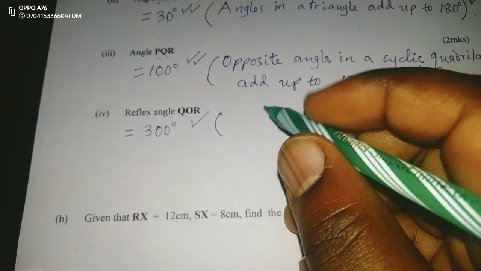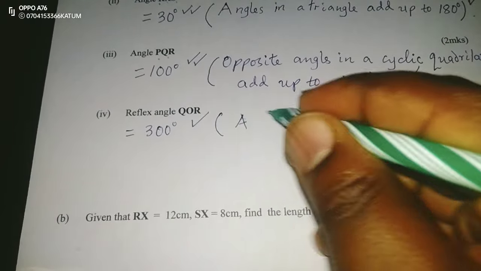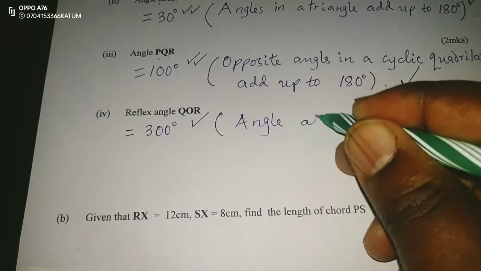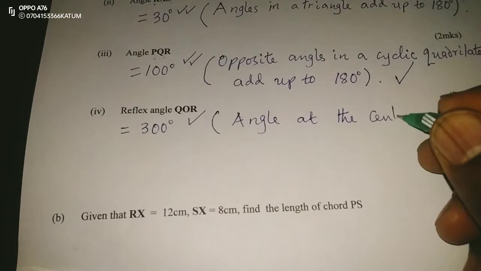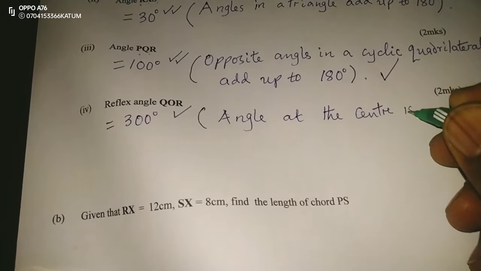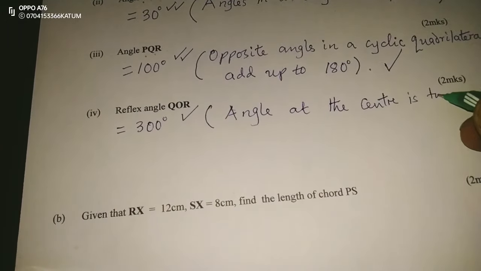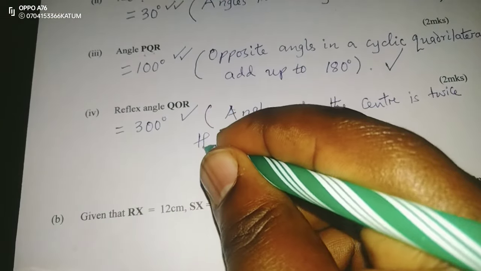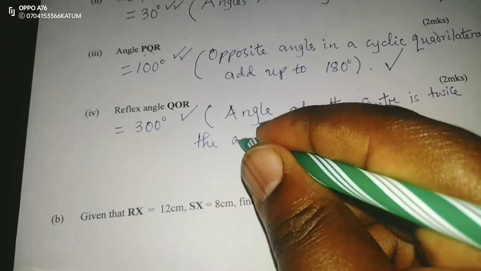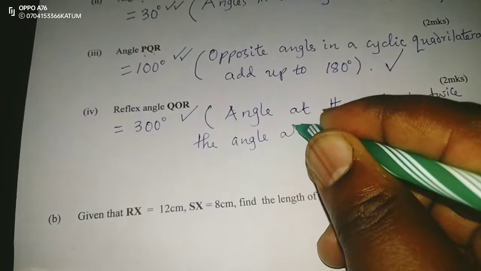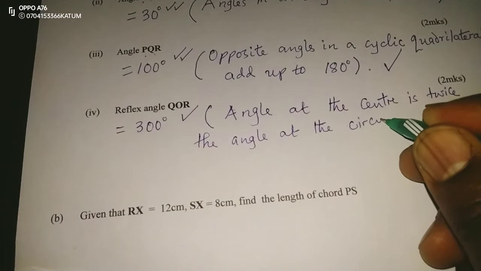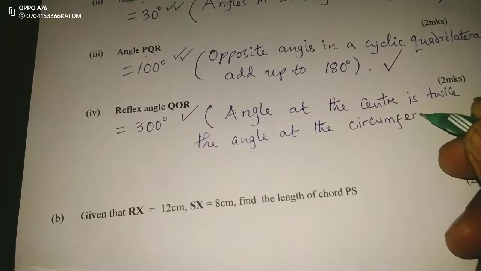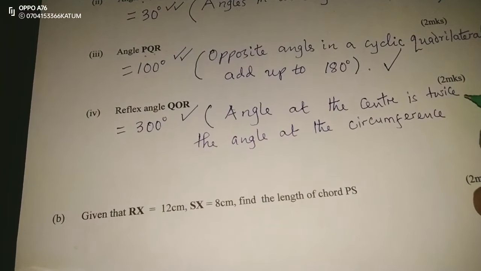Then we will say that the property we have applied now is that the angle at the center is twice the angle at the circumference by the same chord.